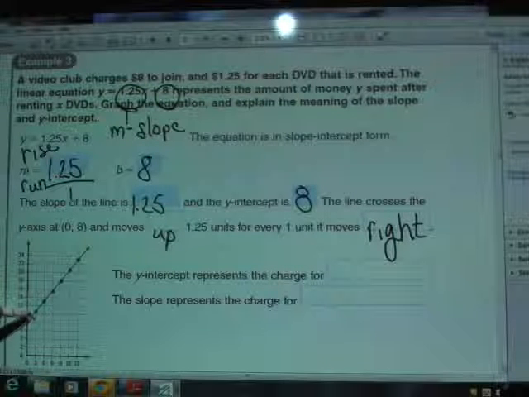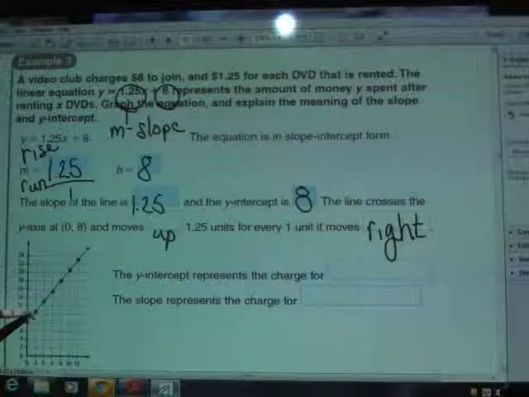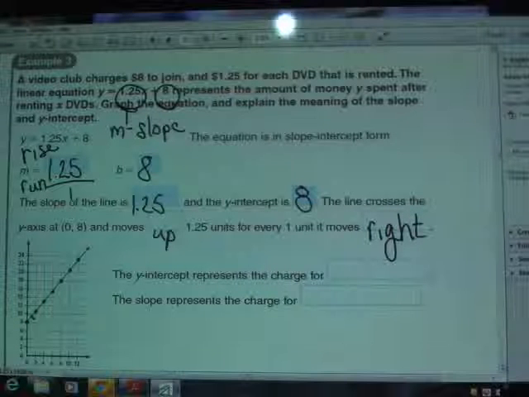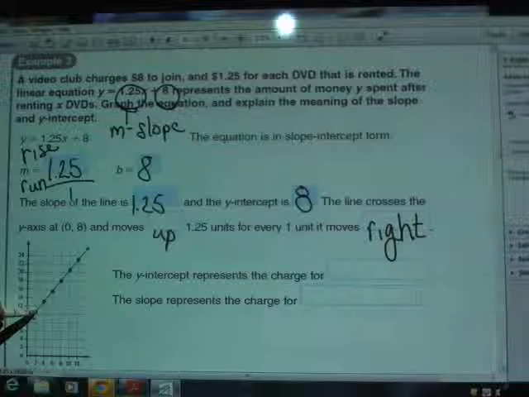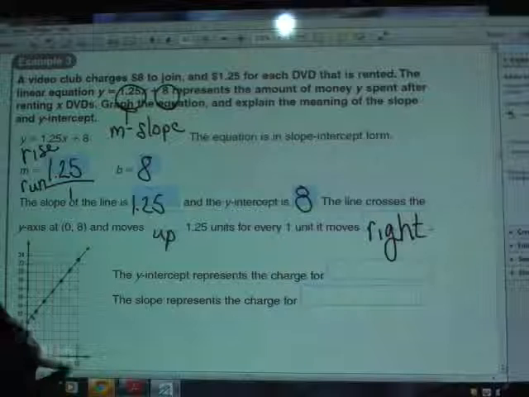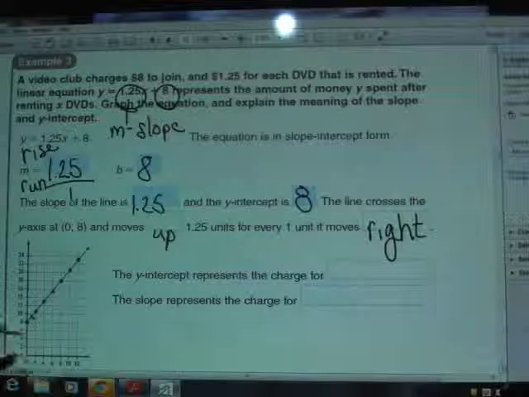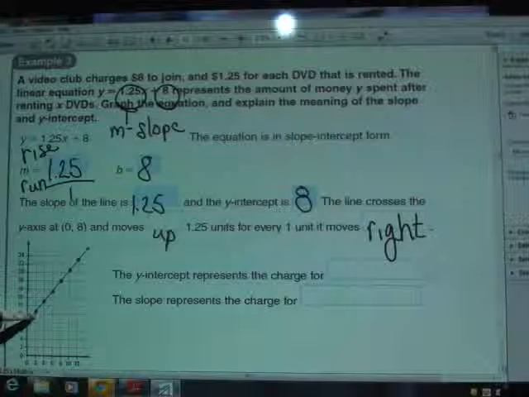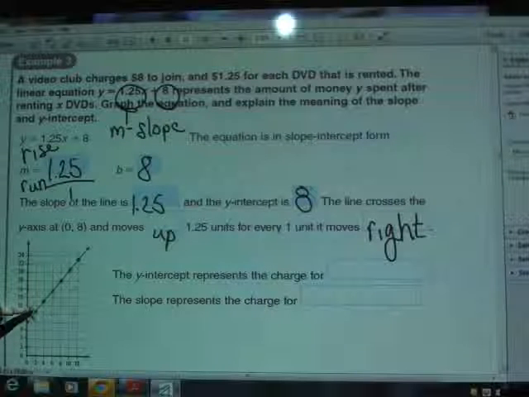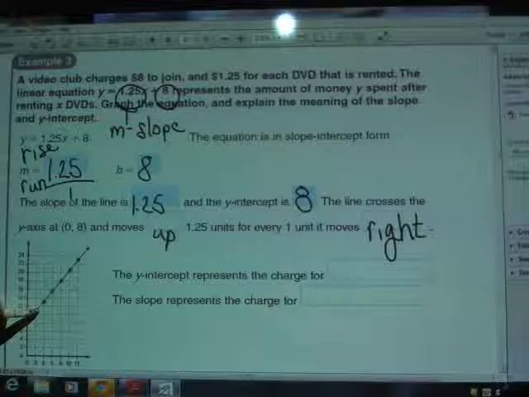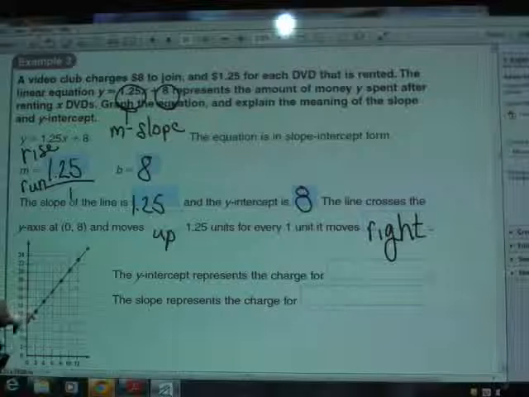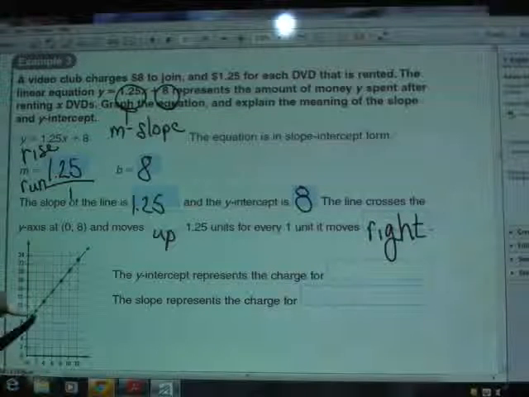Then I'm going to go up another 1.25 units and go right another 1. Now that's actually the first dot that they plotted here, because as you can see on the grid markers here, that's marked at 2. All right, we've gone up that 1.25, got us to 9.25. Up again, the next one would get us to 10.5, and then 1 and 1 to the run. That's how I came up with 2.